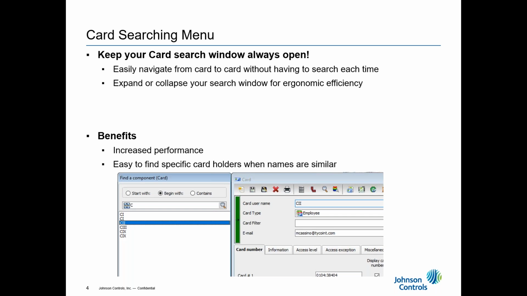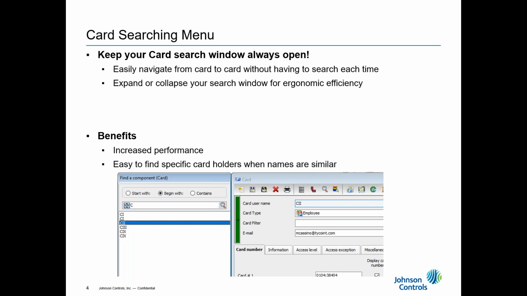Like, wait a minute, didn't you have that feature before? Yes, we did. We took the card search window, but now we allow you to keep it open at all times. If you're a card entry person or you do a lot of changes on your cards, you will like this feature. The people that have seen it find this the best thing ever.